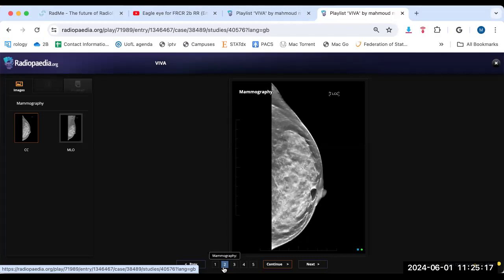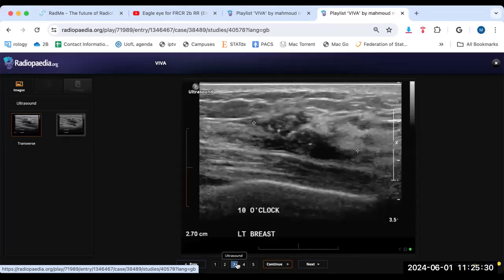Okay. You mentioned that you will look at the other views. And what else? Yes, and do ultrasound. We have the ultrasound here. So this is a selected ultrasound image of the left breast at 10 o'clock. I can see there is a hypoechoic lesion.